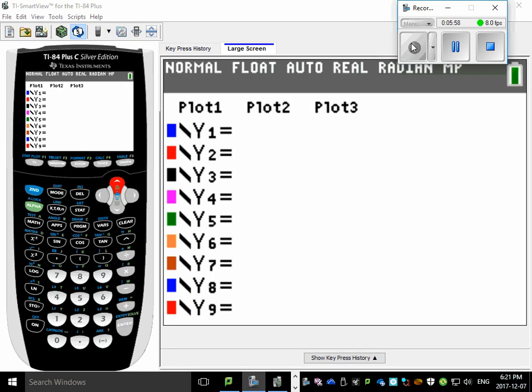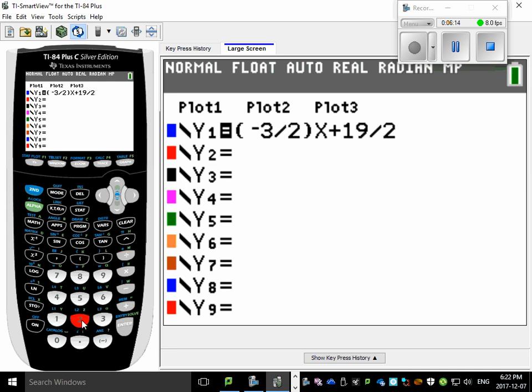So there's my calculator. Let's substitute those in right now. Here's our first value, which is minus bracket, don't forget the bracket, minus 3 divided by 2, bracket x plus 19 over 2, 19 divided by 2. Oh, I should have put brackets on that one as well. So let's clear that.